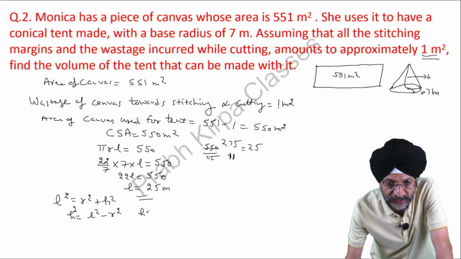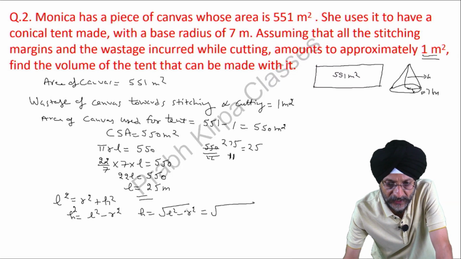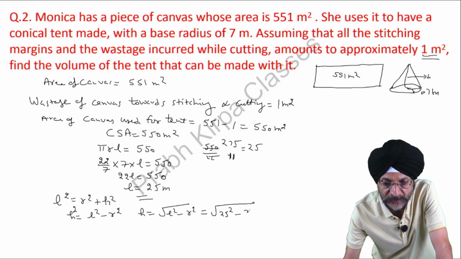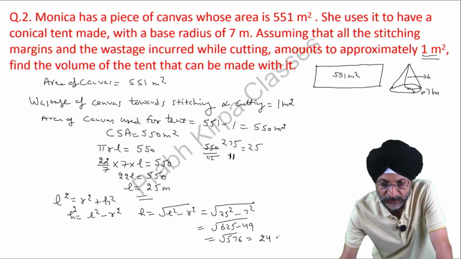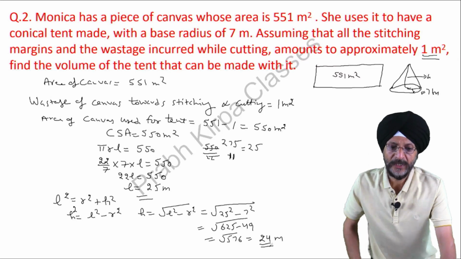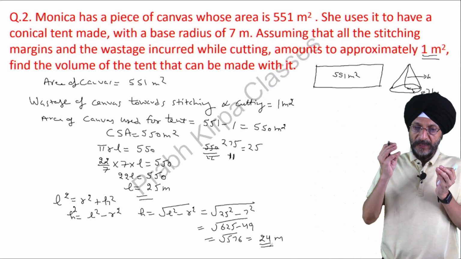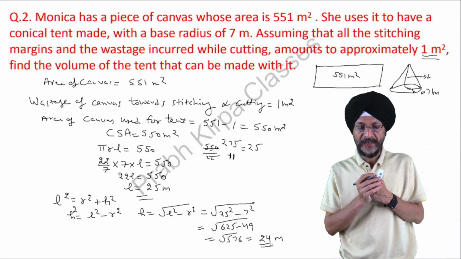Then what is the value of h? It becomes the square root of L square minus r square. We will fill in the relevant values. The value of L is 25. What is the value of r? It is 7. So we have found out the value of height. It is 24 meters.